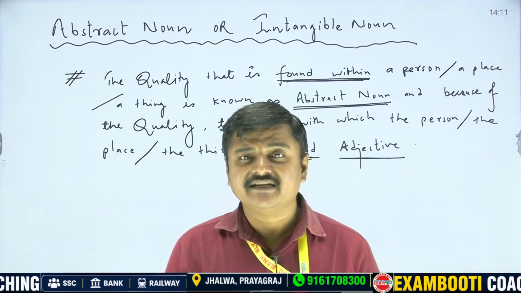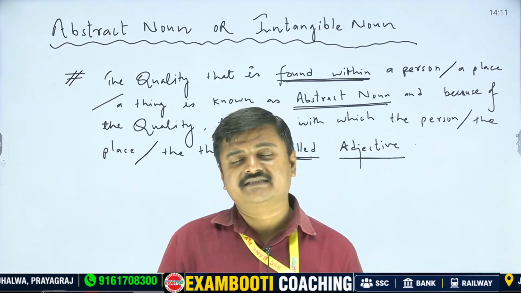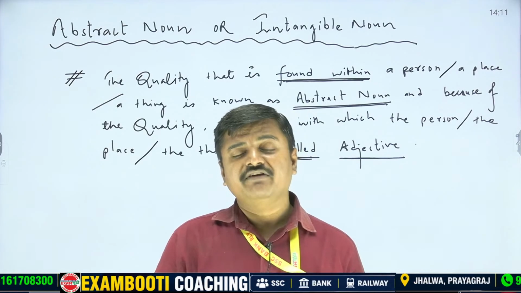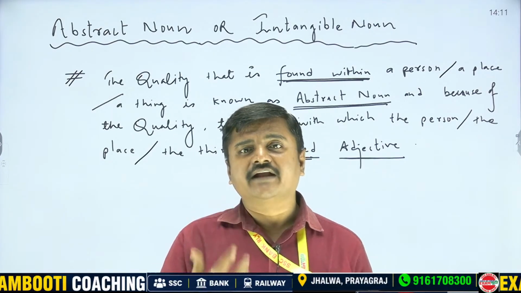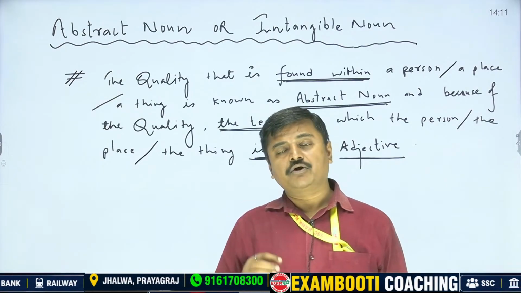That's why it is important to understand the basic and conceptual difference between an adjective and an abstract noun. That's why we are here, and that's why we are talking.